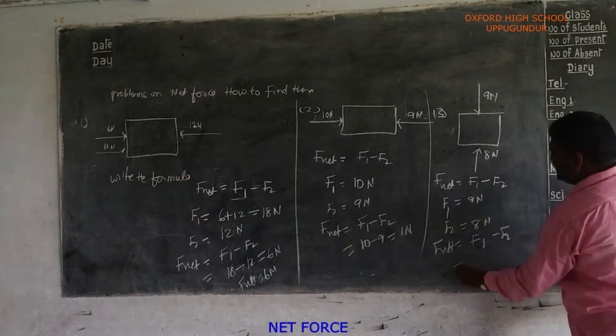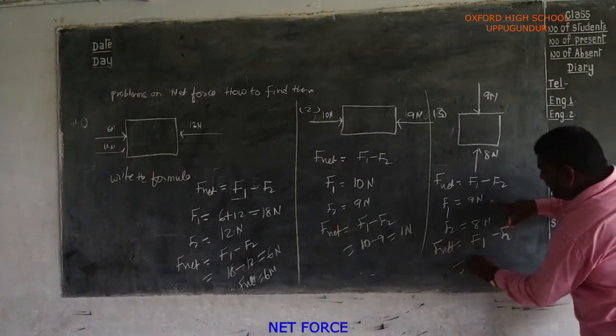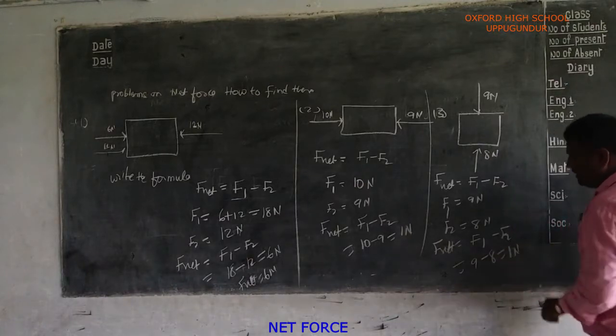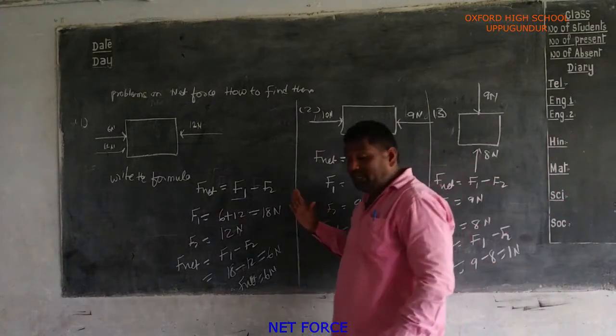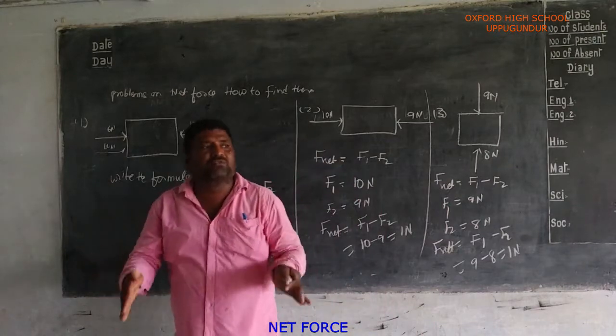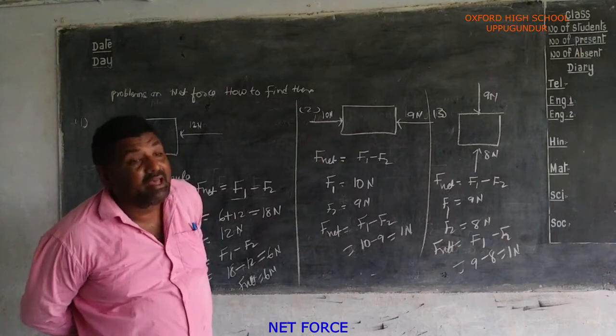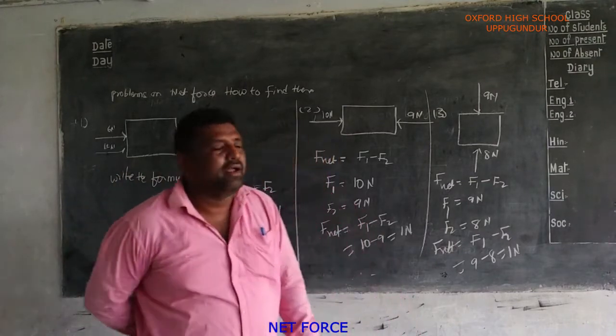F1 is 9 newtons and F2 is 8 newtons. F net is equal to F1 minus F2, which is 9 minus 8, equal to 1 newton. These three are examples of how to find the net force.